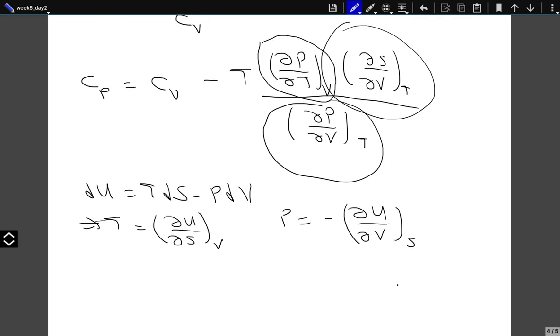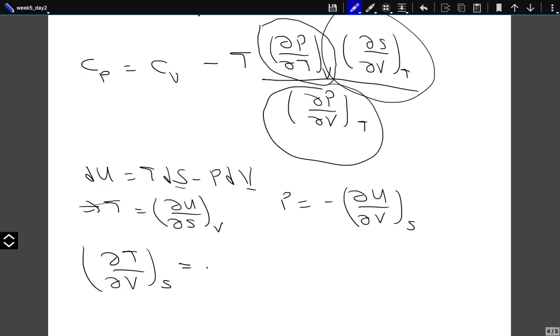Since they are the first derivatives of some function, if I take the derivative of T with respect to V, of course here I'm taking S and V as my variables, so the derivative of T with respect to V at constant entropy, this means how the temperature changes as I expand the gas in an adiabatic process. This is, on one hand, the second derivative of U with respect to first S and then V, but I can exchange the order of second derivatives.